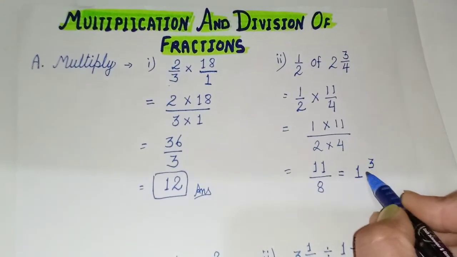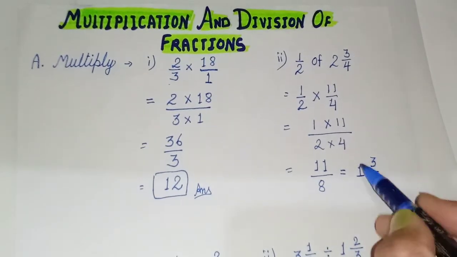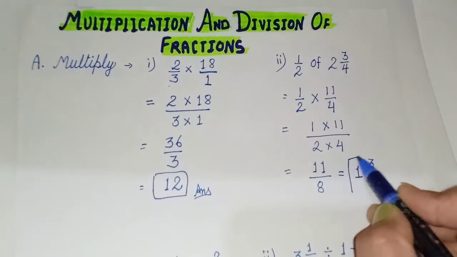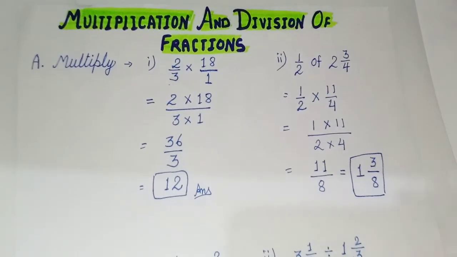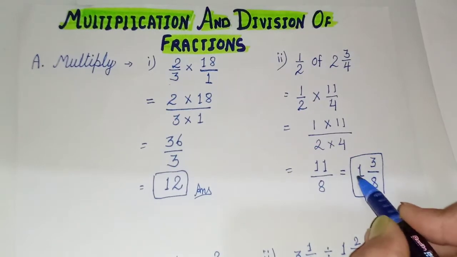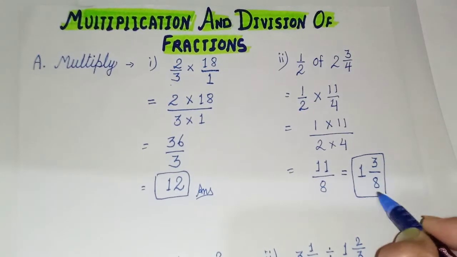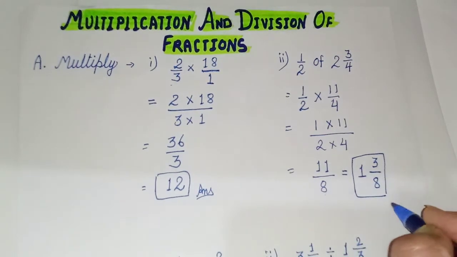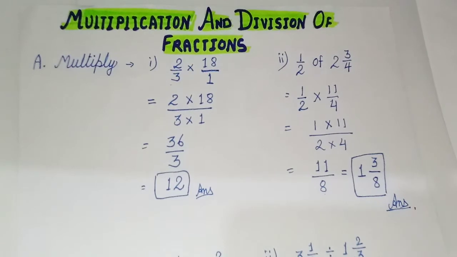So 3 as the numerator and the denominator will be the same. So our answer of this multiplication is 1 integer 3 by 8. Let us check. 8 ones are 8 plus 3, 11, 11 upon 8. This is the answer of our second example.